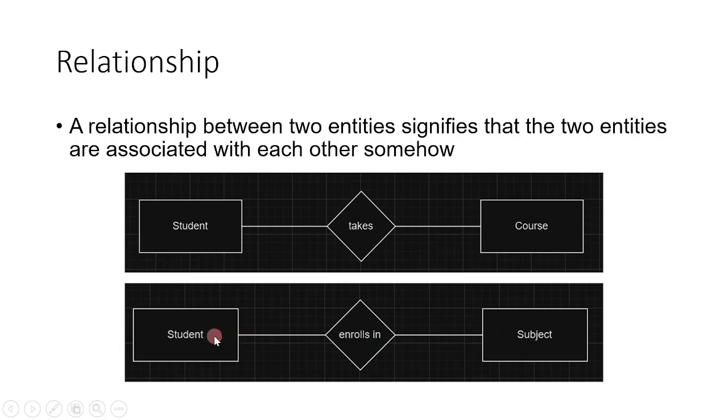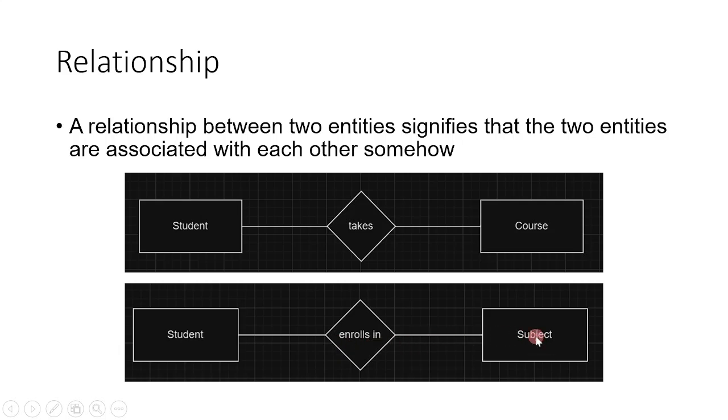Many students can enroll in many subjects and vice versa. If we want to be stricter, there are still cardinalities later on: one or many, zero or many, and so on. But as of now, we're just going to have it as many students can enroll in many subjects.